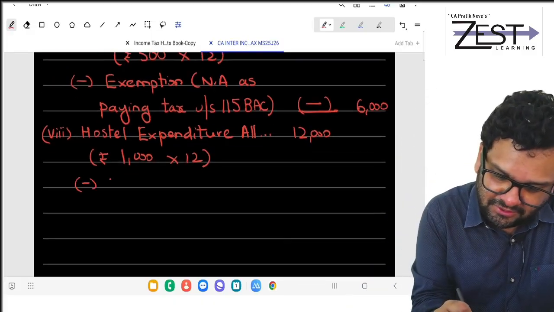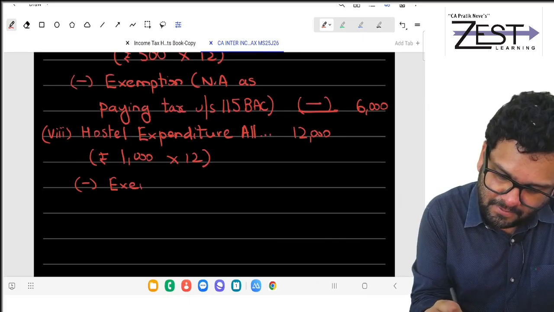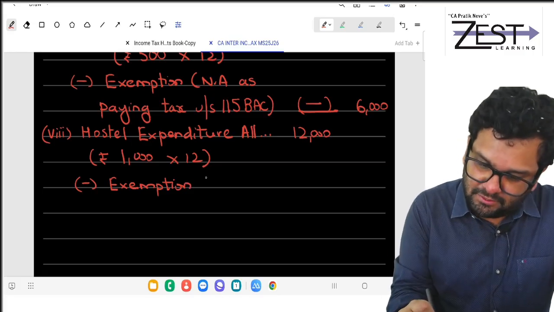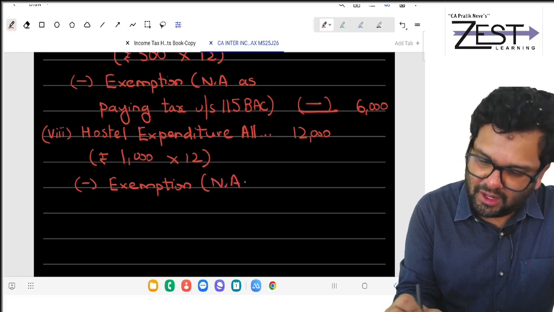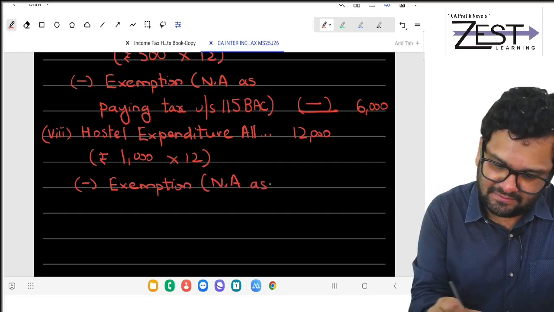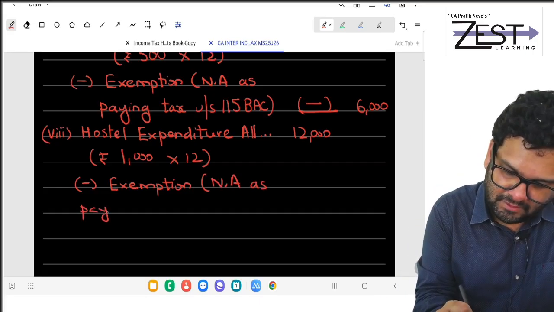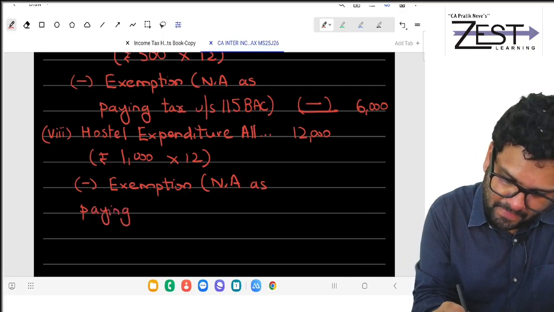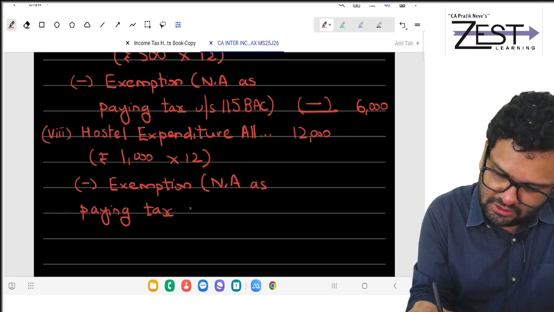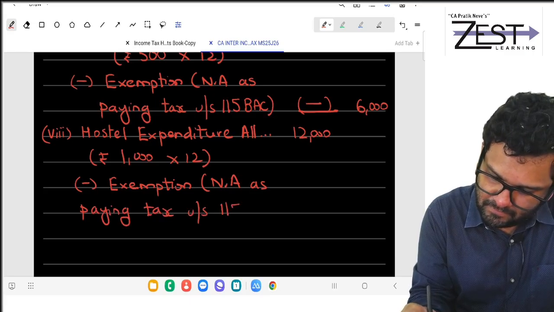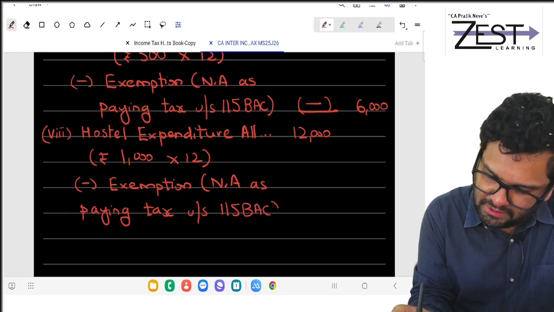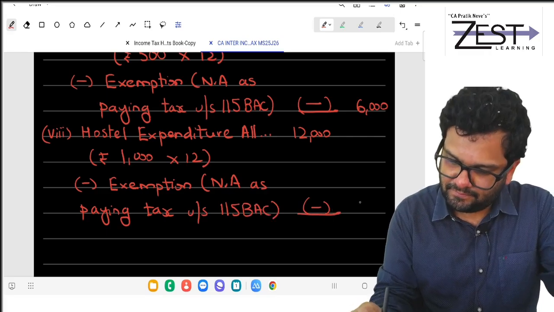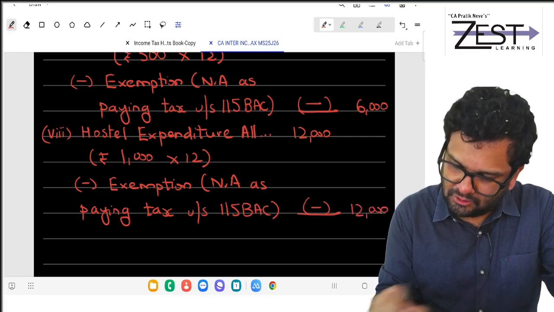How much is the exemption? Friends, exemption again not applicable as paying tax under section 115 BAC. So dash, 12,000.